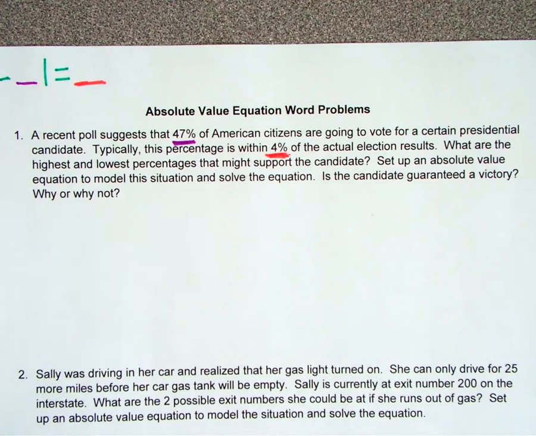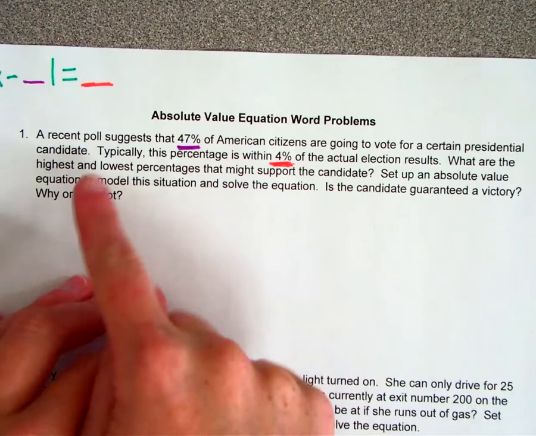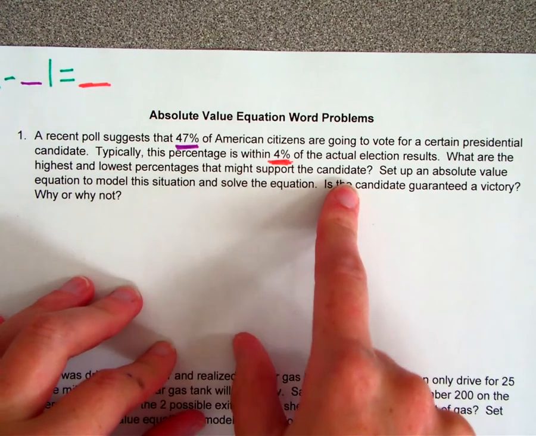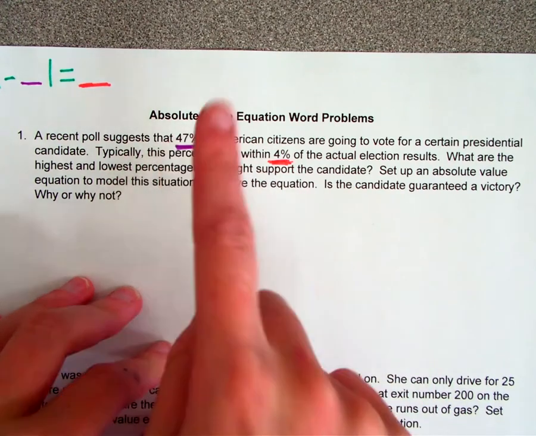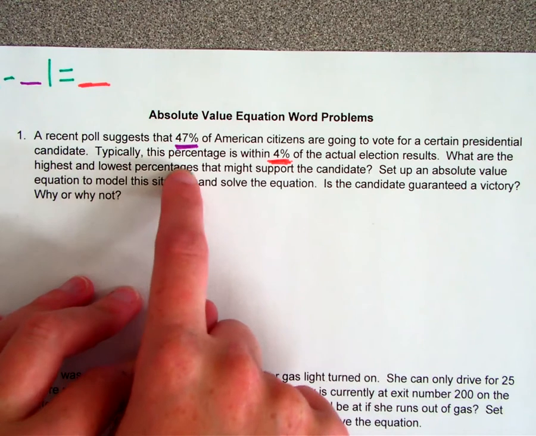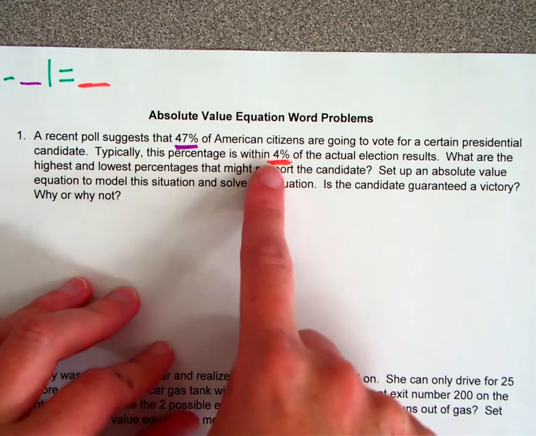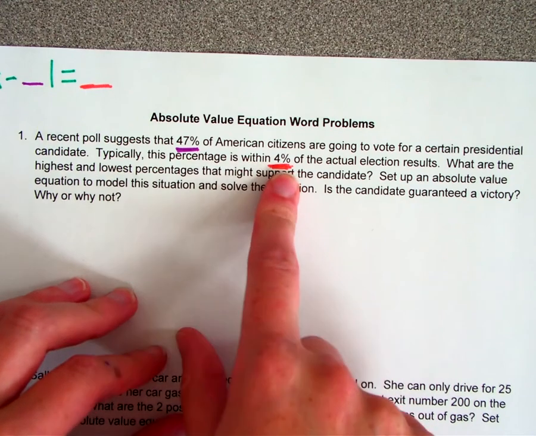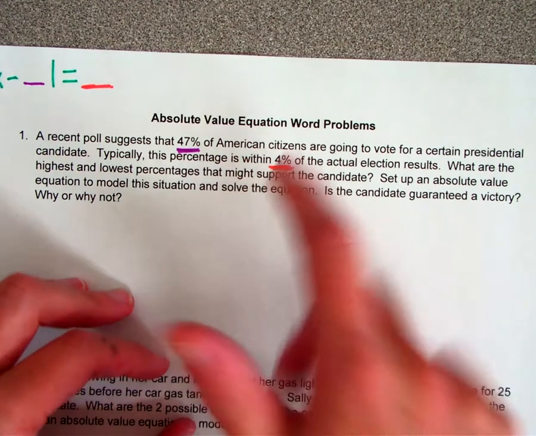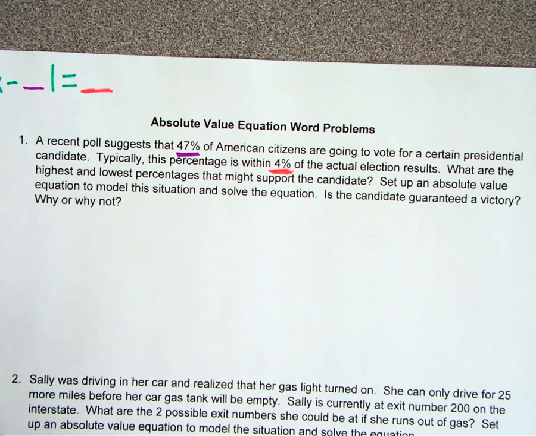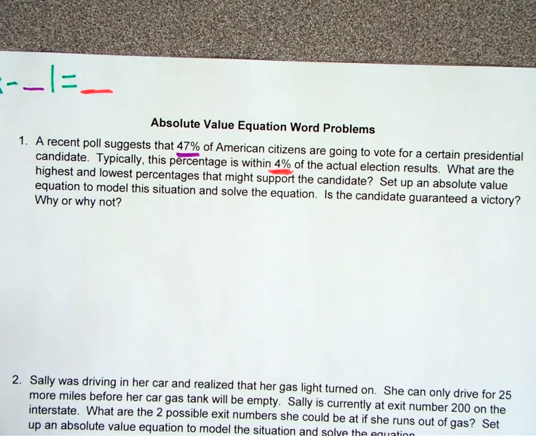Now, before we solve the problem, it says, what are the highest and lowest percentages that might support the candidate? If I know that the percentage they think it's going to be is 47%, it says typically this percentage is within 4% of the actual election results. The reason they say that is because when they do a poll, like if you heard a poll about high school students, you're like, they didn't poll me.